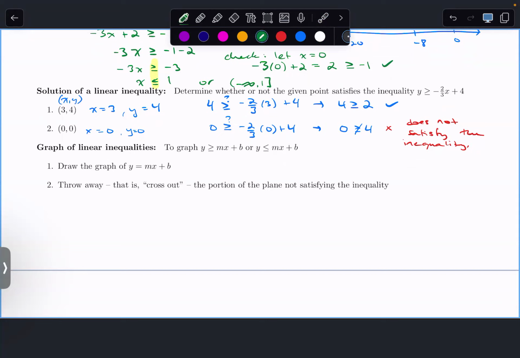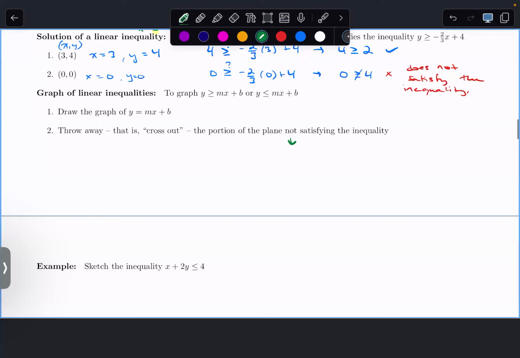And so here, throw away or cross out the portion of the plane that does not satisfy the inequality. An important note: Desmos highlights the area that does satisfy the inequality.